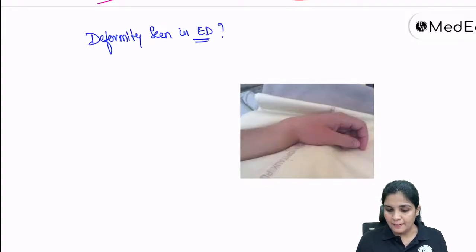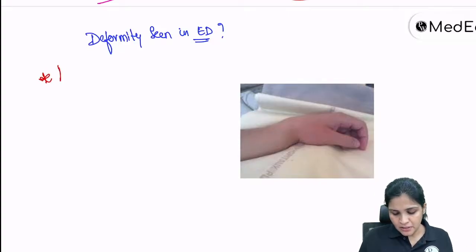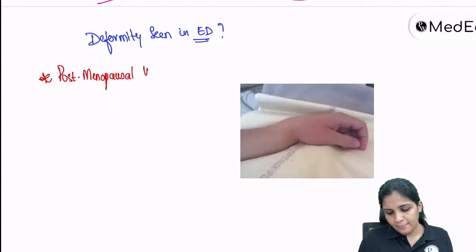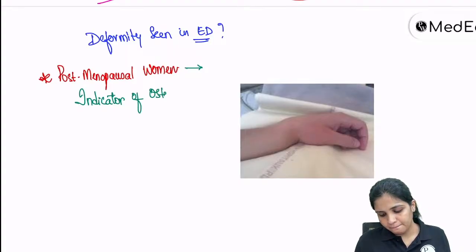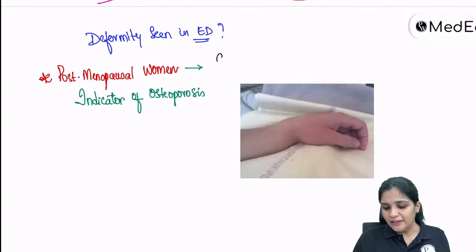Where is it seen? One of the most important, commonly seen in post-menopausal women. Yes. It is an indicator of osteoporosis. Yes, this is a Colles' fracture.